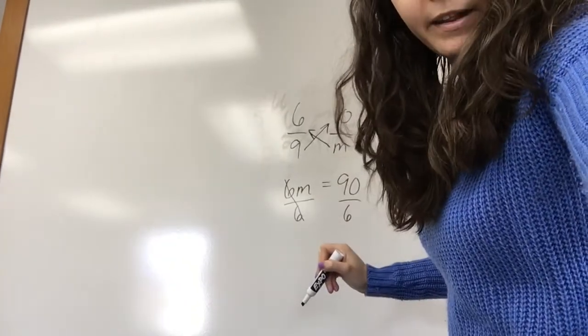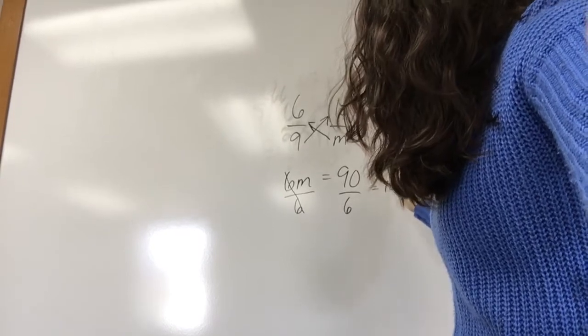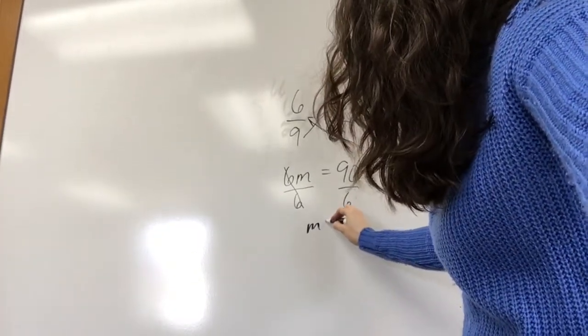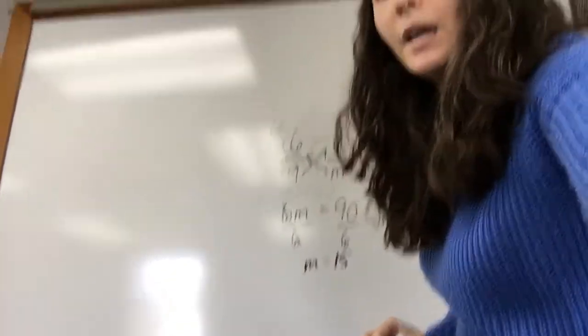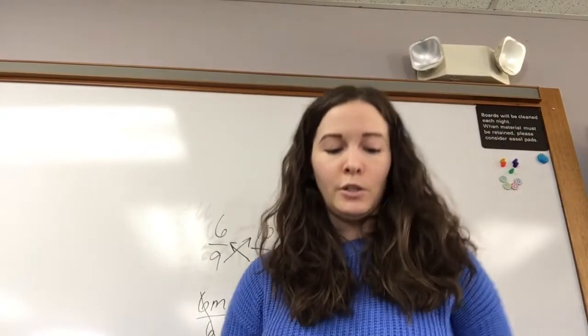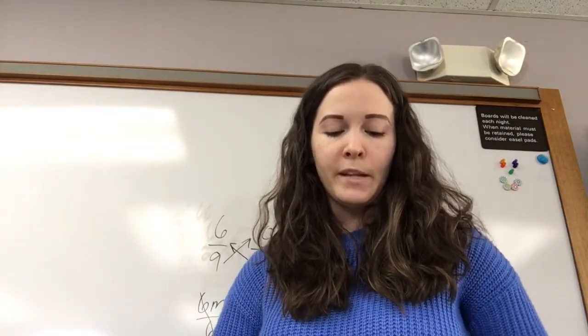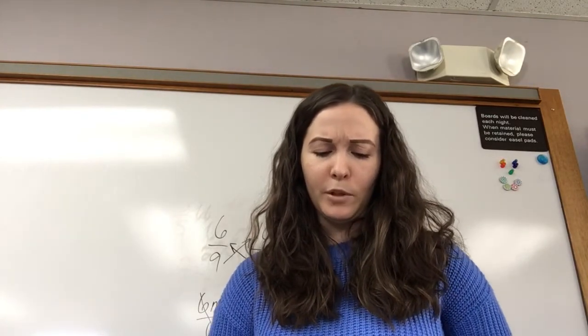Divide 90 by 6. And our answer is 15. So therefore, m equals 15. And that is what we're going to do to solve our proportions for our missing terms in cross multiplication.